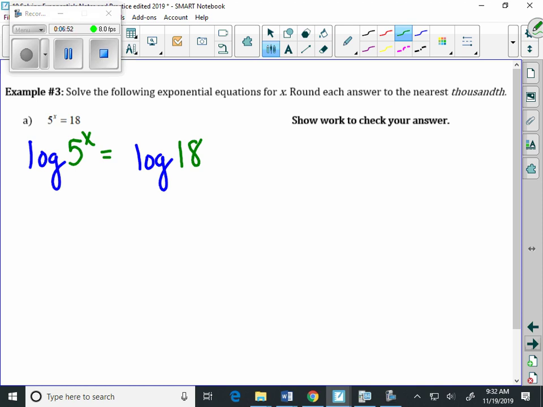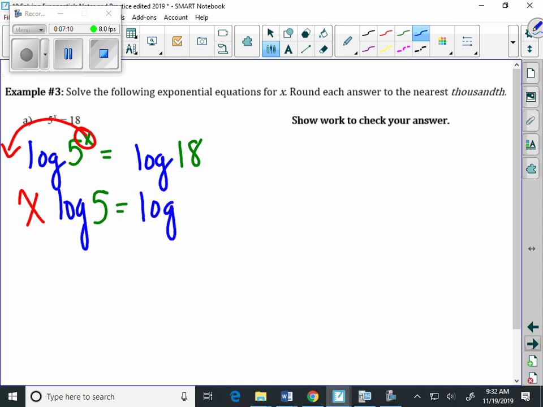Second step, use the logarithm law. Take the exponent and write it out in front. So this is going to be x log 5 equals log 18.